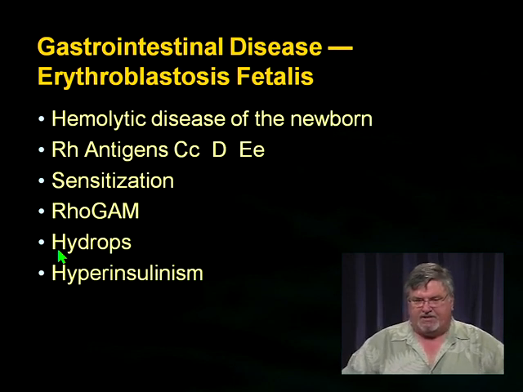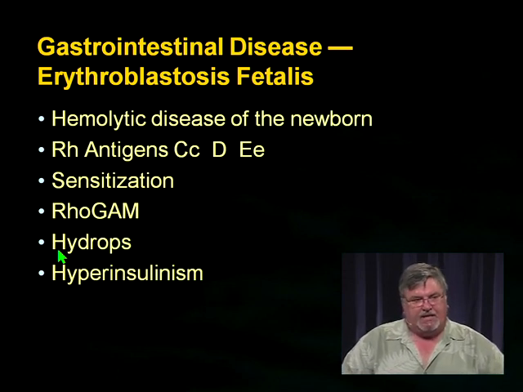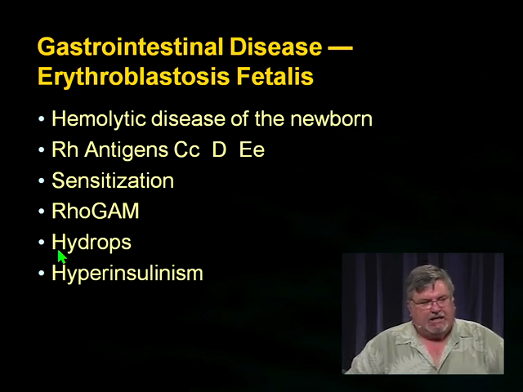Erythroblastosis fetalis, this is going to wrap this up for us, is a hemolytic disease of the newborn that's associated with Rh antigens. Generally what happens is that there's escape of fetal blood into the maternal compartment. She gets sensitized, starts to make antibodies against the Rh antigen, generally D, and the baby gets hemolysis.